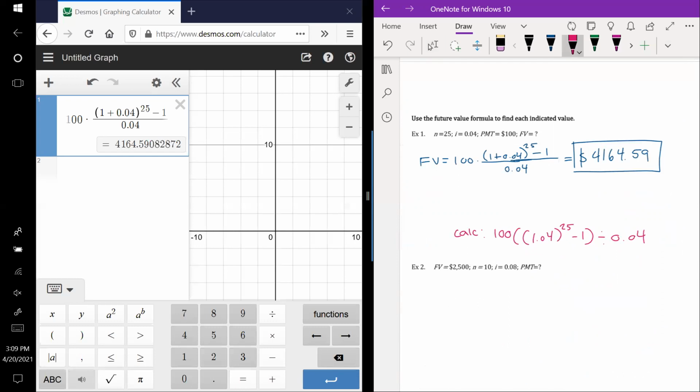So for this one, payment equals the future value, 2,500, times I, 0.08, over (1 plus I), 0.08, to the 10th minus 1.